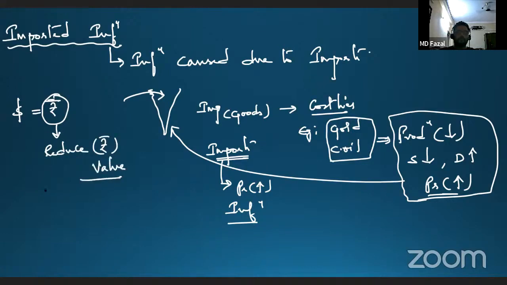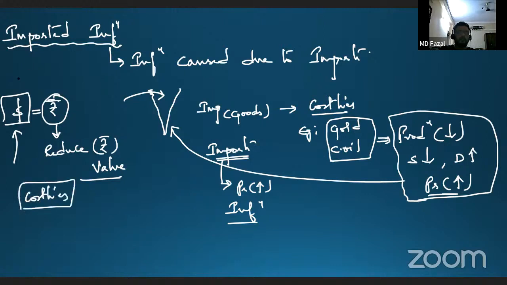What did you do? You have reduced the value of rupee and you have increased the value of the dollar. So when you have increased the value of dollar and have reduced the rupee, what will happen? Whenever you import, it is going to be costlier.